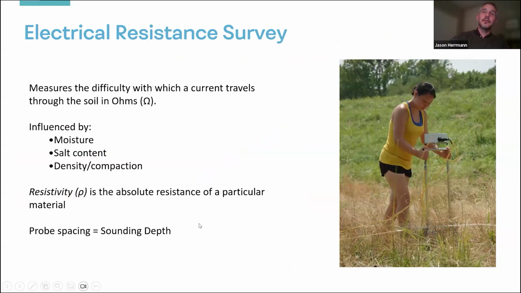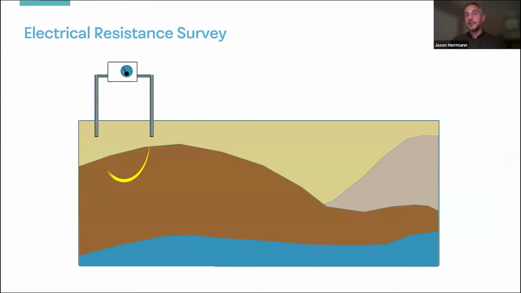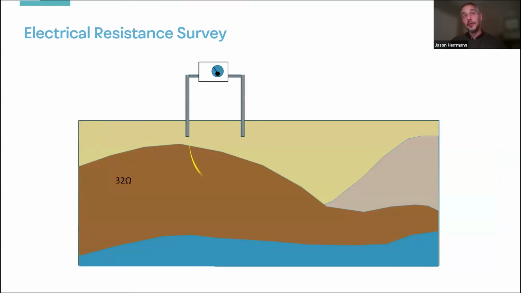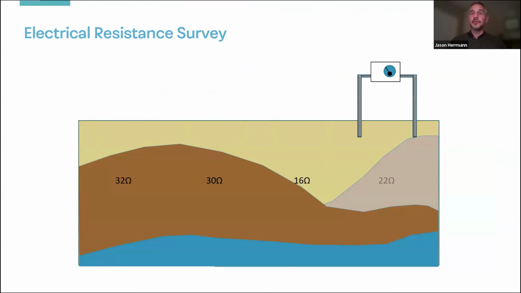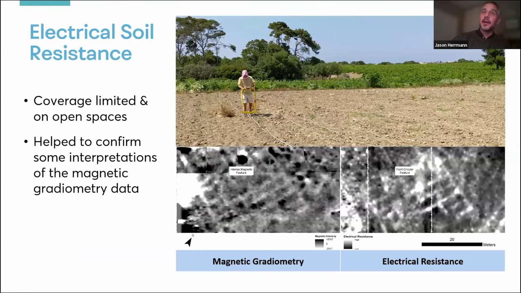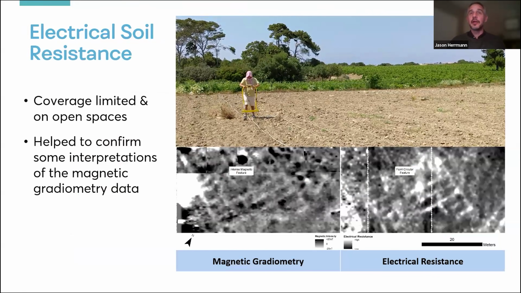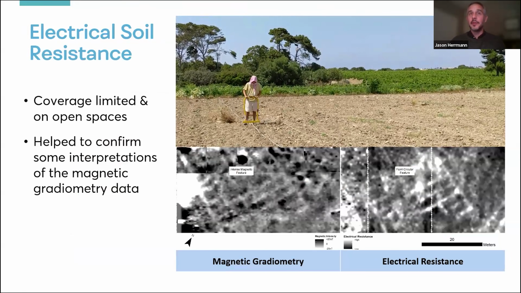We also use electrical resistance survey, which is sensitive to variations in compaction, salt content, and moisture. And what you do is basically stick a big old fork in the ground over and over again and measure how easily that current passes through different parts. And then you basically paint by numbers in the end, and you can create a picture of what's going on underground.